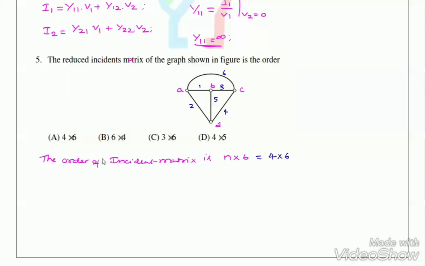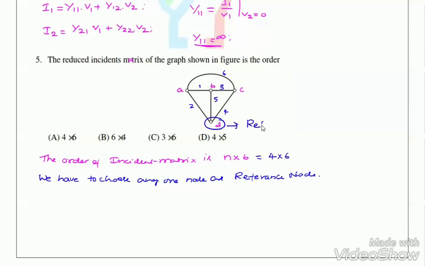Now the important caution is we have to choose any one node as the reference node, so I will choose this node D as the reference node.